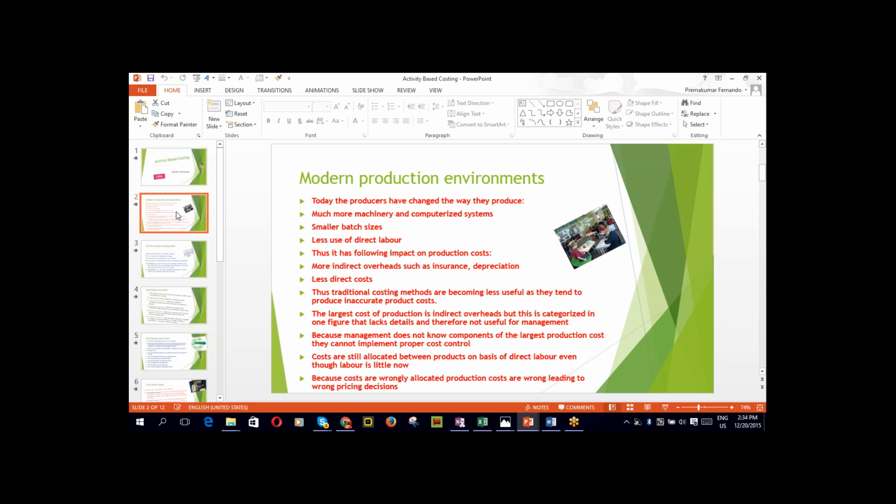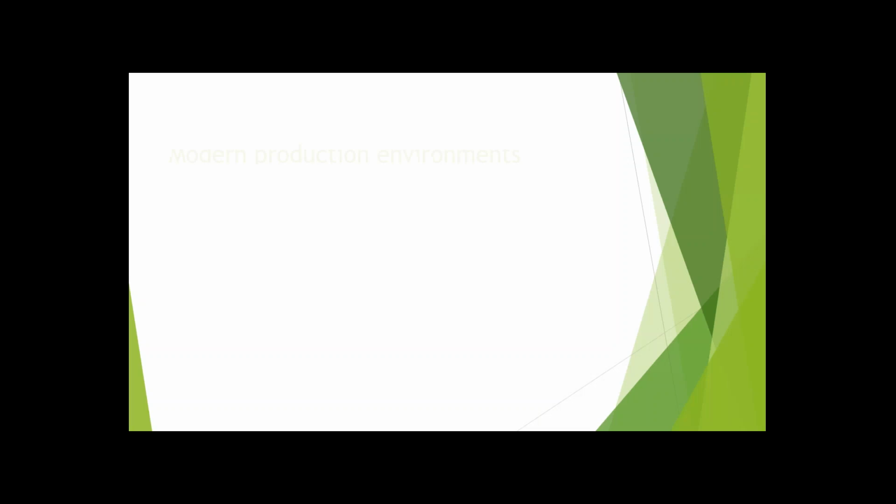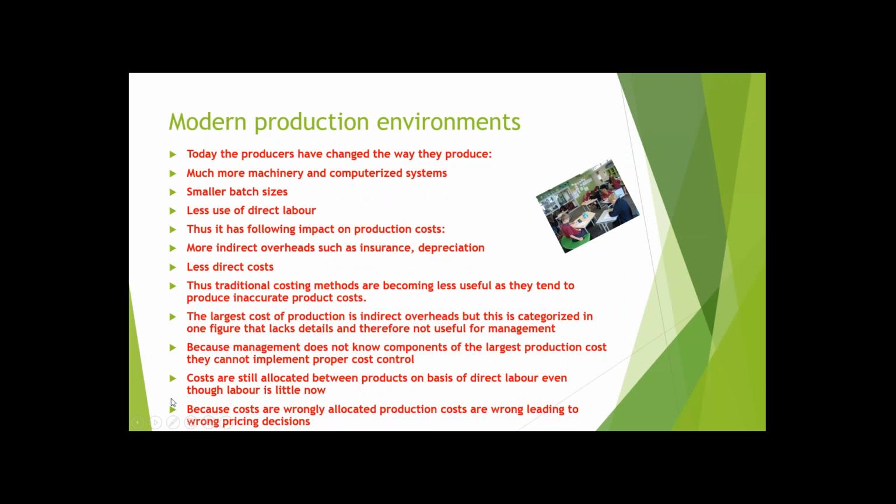So basically, the producers have changed the way they produce: small batch sizes, less direct labor. All those things have given us a different scenario, and the production environment has changed. So small batch sizes, less direct labor, and therefore more indirect overhead, less direct costs.